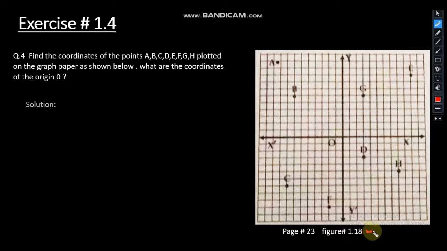You can open your book and see this question. Here in the graph some points are plotted: A, B, C, D, E and F. Now we will find the values of these coordinates.